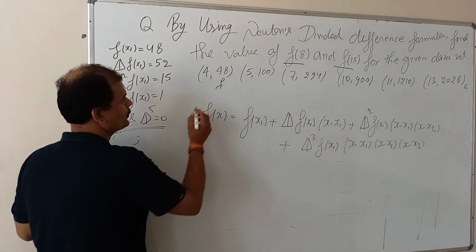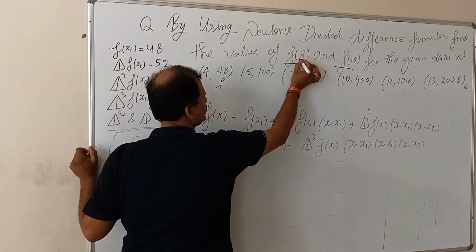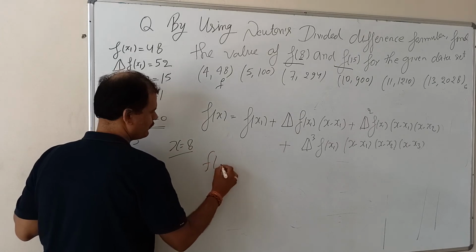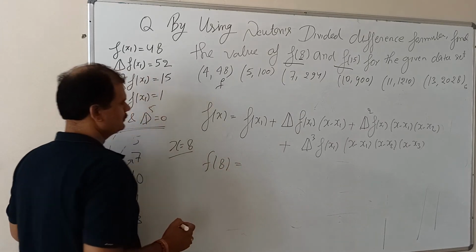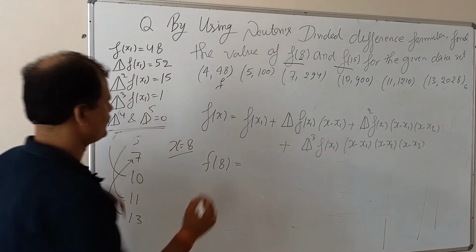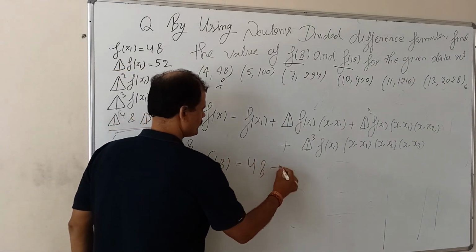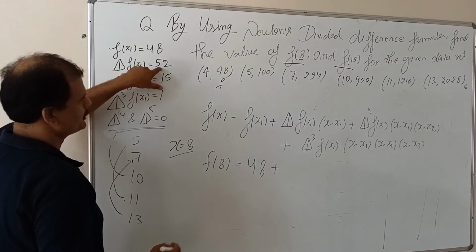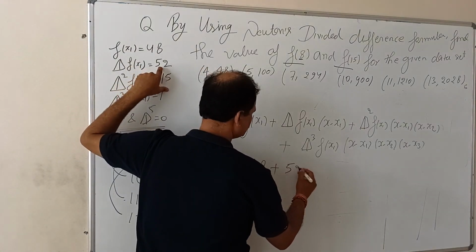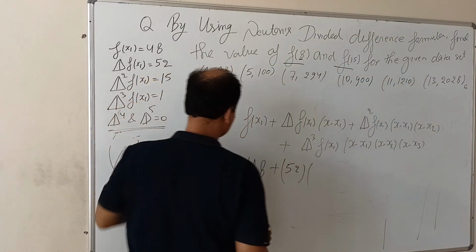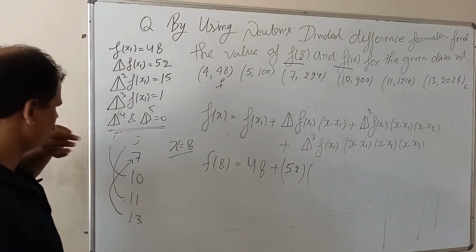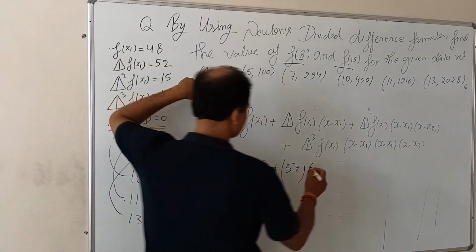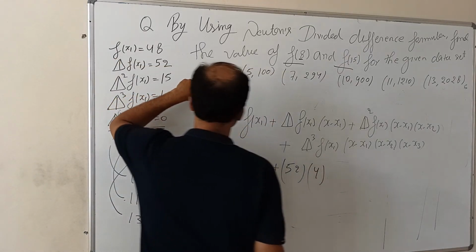Fine. Now we need to find the value of f at x equal to 8. So f of 8 equal to f of x1, which is already 48, plus del f, which is 52, into x minus x1. So 8 minus 4, what was x1? x1 is 4. So 8 minus 4 we get 4, right?